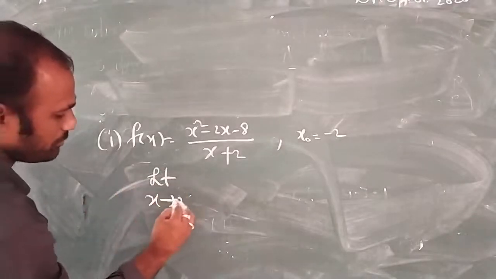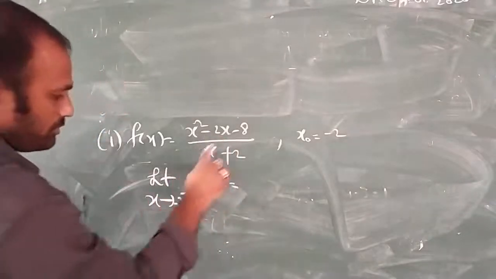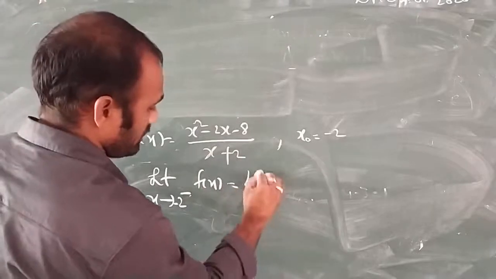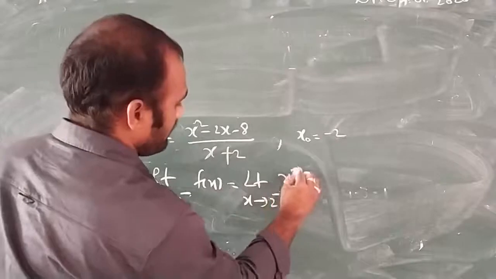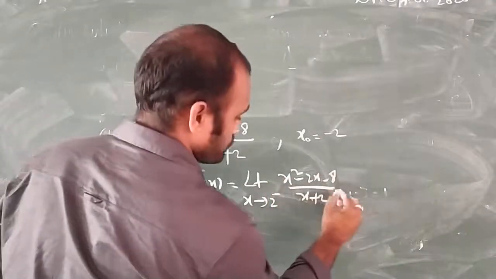Limit x tends to minus 2 f of x. So we have only one value, so we need to substitute in this. That is limit x tends to minus 2 of x square minus 2x minus 8 by x plus 2.